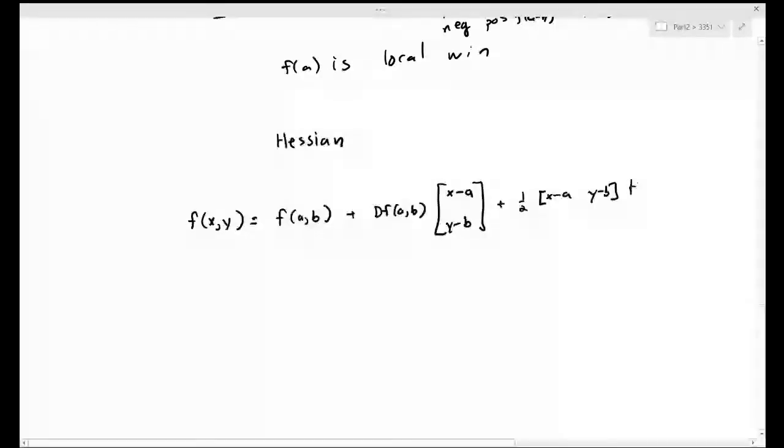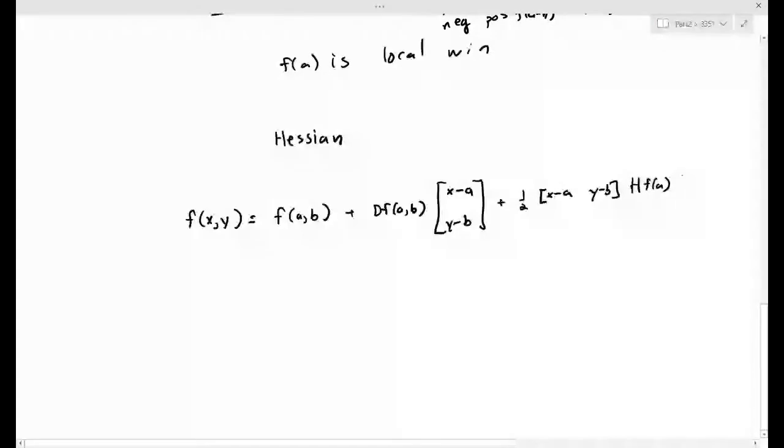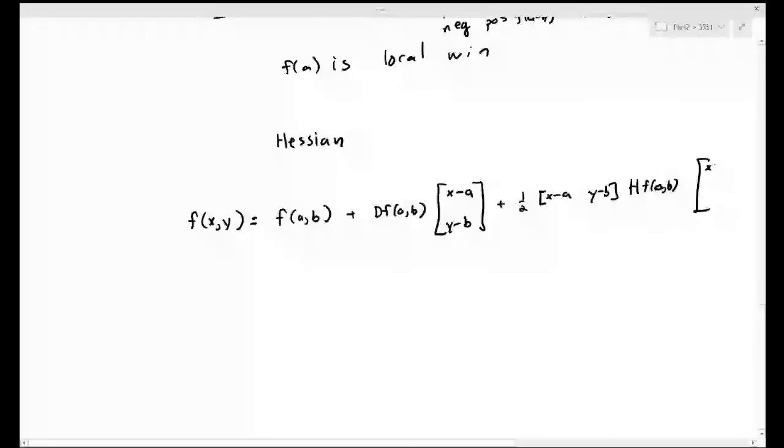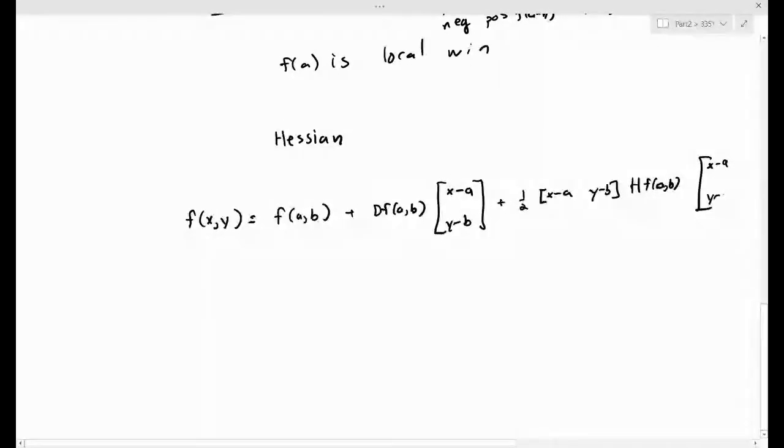And this is your Hessian of the function at (a, b), plus some remainder term.